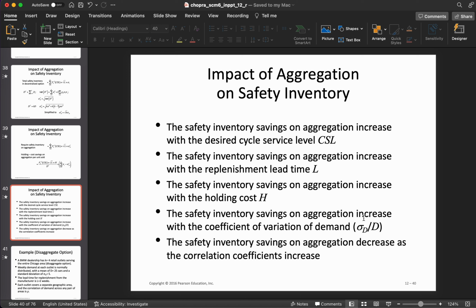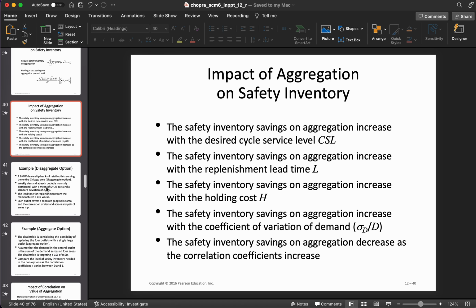And finally, this is the only one where we see a decrease: safety inventory savings on aggregation decrease as the correlation coefficient increases. If the correlation between the different pieces is higher, then your safety inventory savings from aggregation will decrease, because when demands are correlated with each other, maybe you should not be aggregating items. You should have separate items, right? Again, we will see this in a second.